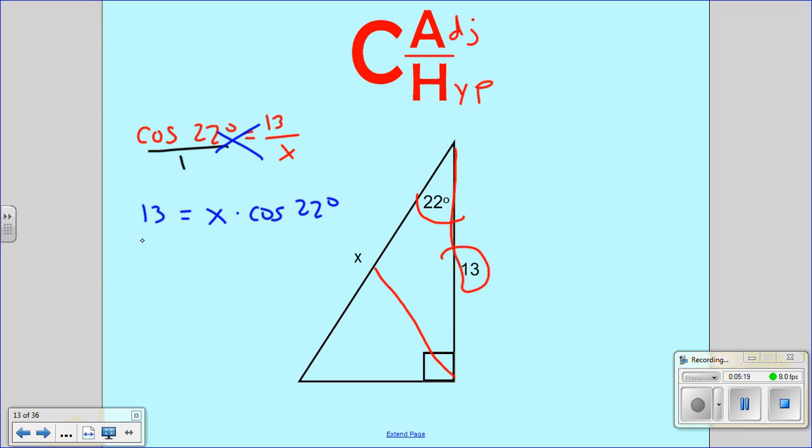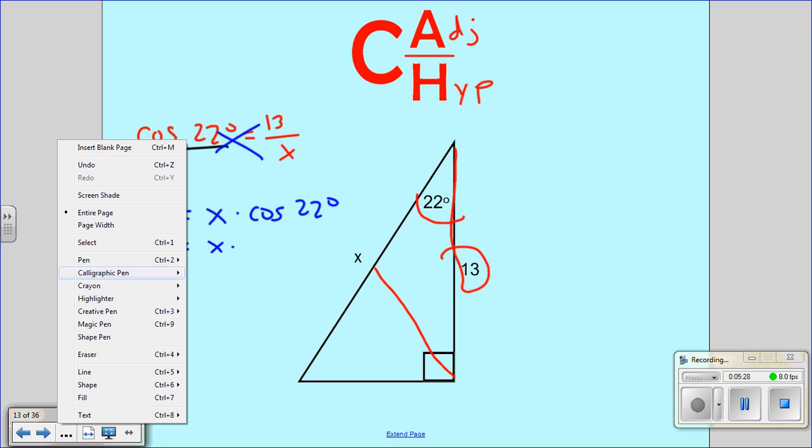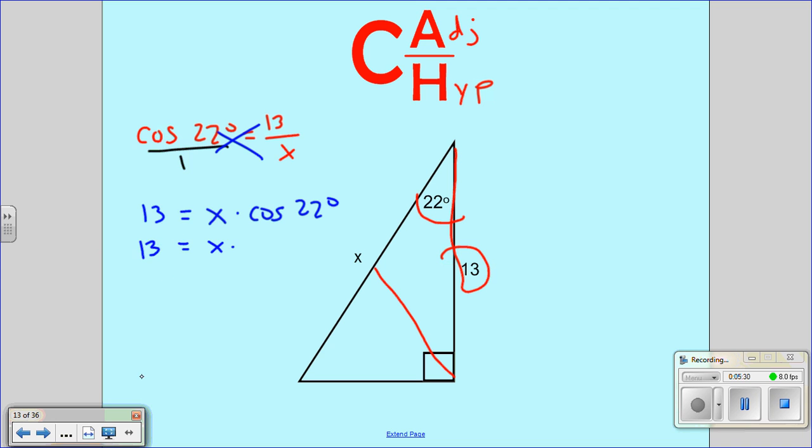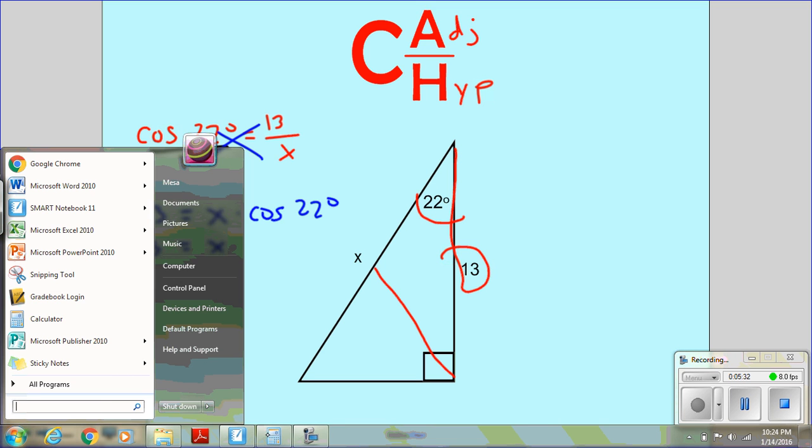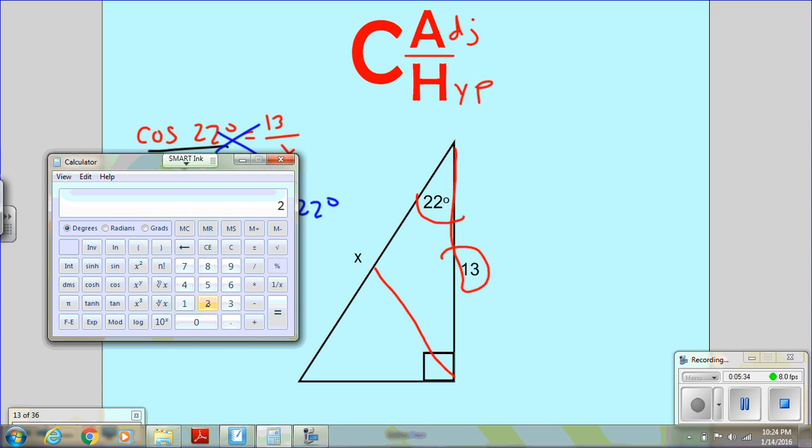So that means I need to find the cosine of 22 degrees. So that's 13 equals x times, let's grab our calculator. So 22 first, then hit the cosine button.